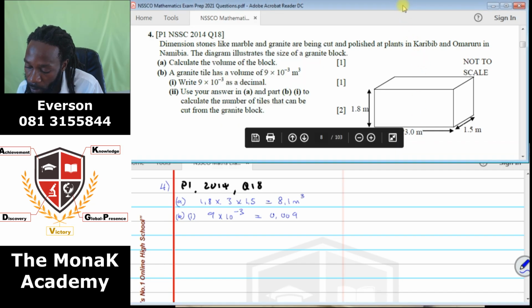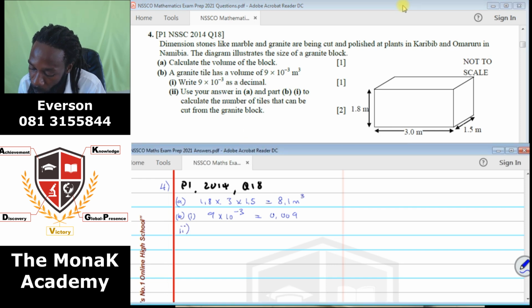And then from there they said use your answer in A and the one in part B1 to calculate the number of tiles that can be cut from the granite. So you want to cut things of volume 0.009 from something of volume 8.1. So tiles, you just take your 8.1, you divide by 0.009.